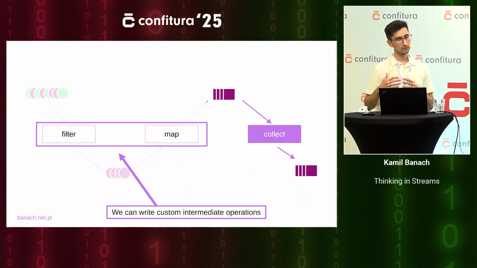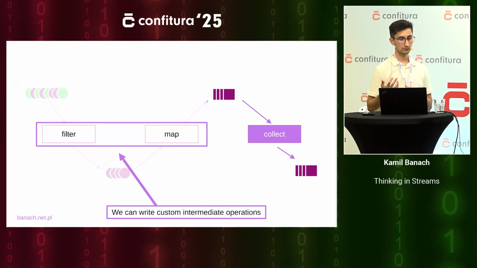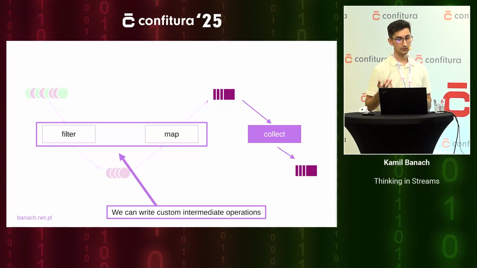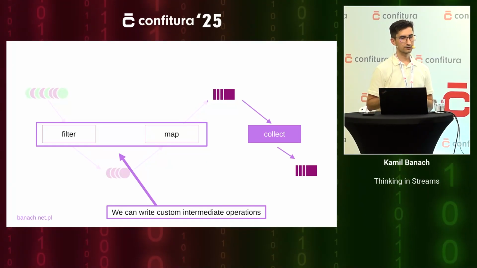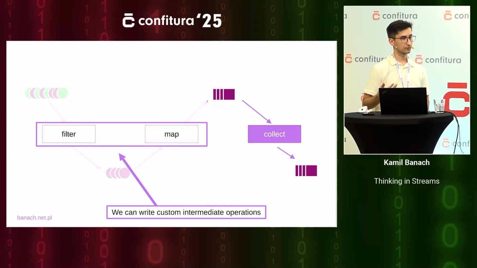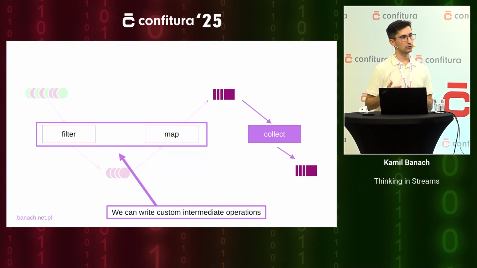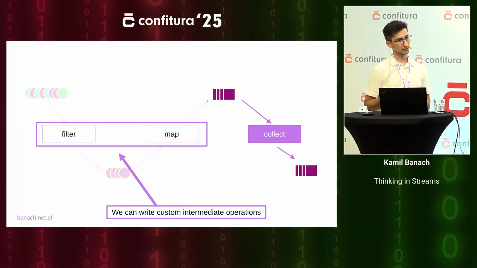They are giving us the opportunity to write our custom intermediate operators. So with Java 24, we can now create custom intermediate operations in the same way that we are able to create custom terminal operations using the Collector interface.